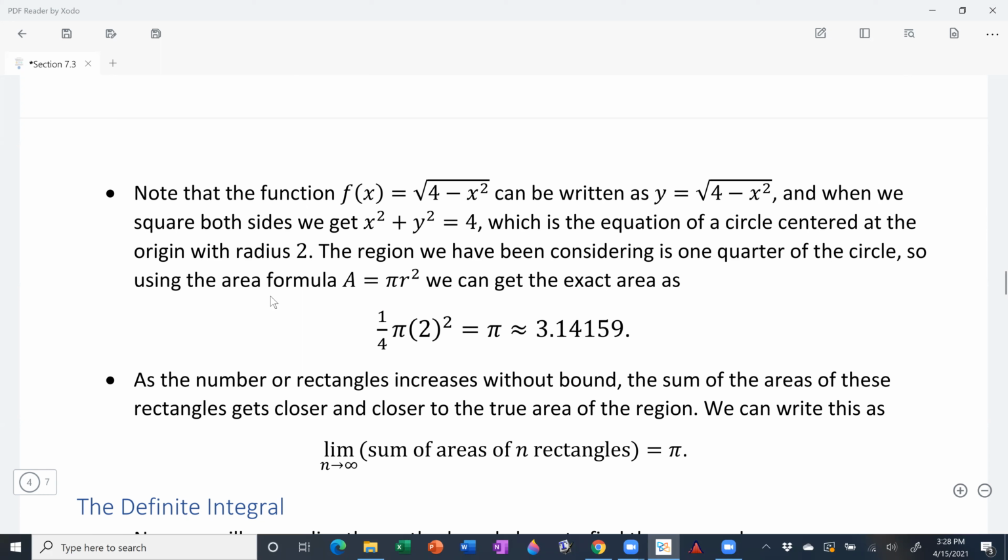If we use the area formula that we already know, area equals pi r squared, we can get the exact area as 1/4 of pi r squared, because it's a fourth of a circle. So 1/4 of pi times 4 is just pi, which is approximately 3.14159. You know the value of pi.